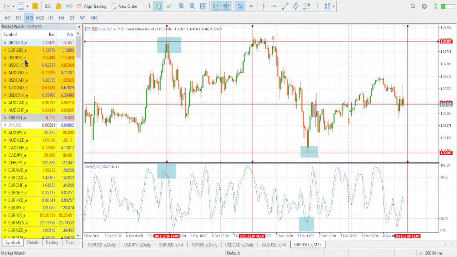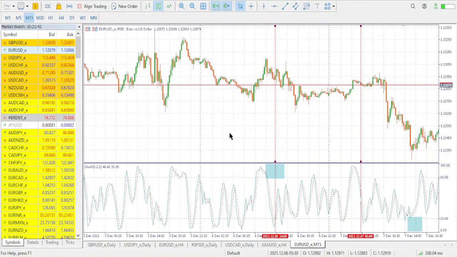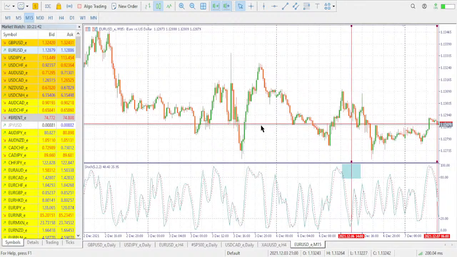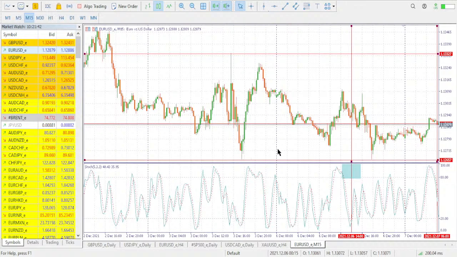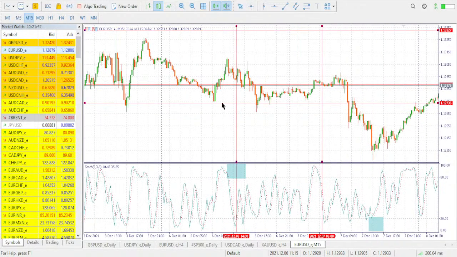We'll look at a different chart. So on this chart, this is the high, and then this is the low. The next day nothing happened, but we have this one, the day after that.